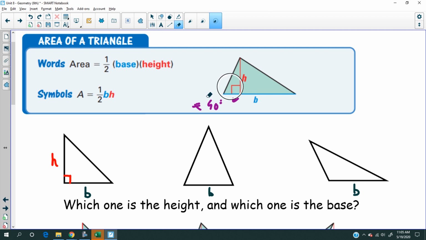So one of the things I want you guys to understand is in geometry in particular, names like height and base are related to one another. So I'll give you an example. Just as you and your sister or brother are related, we have a name for that.